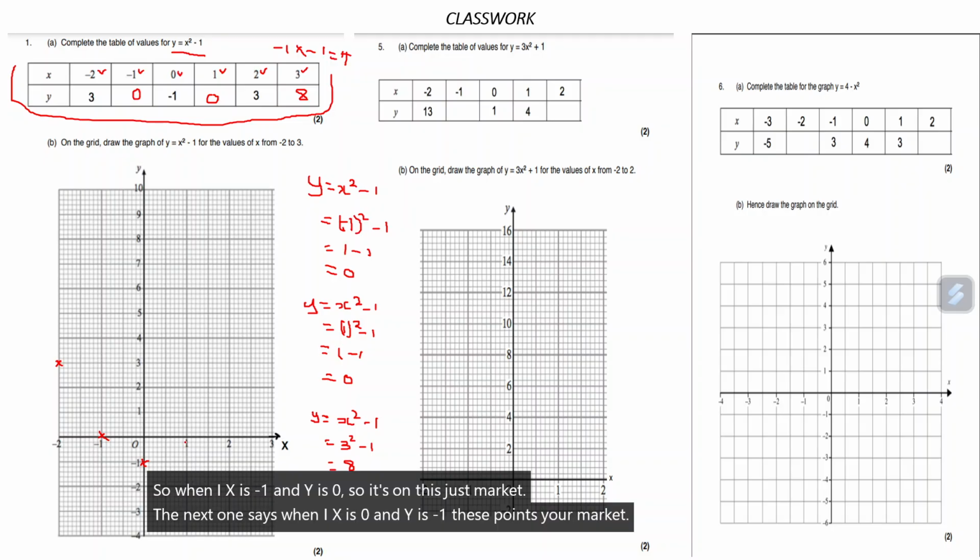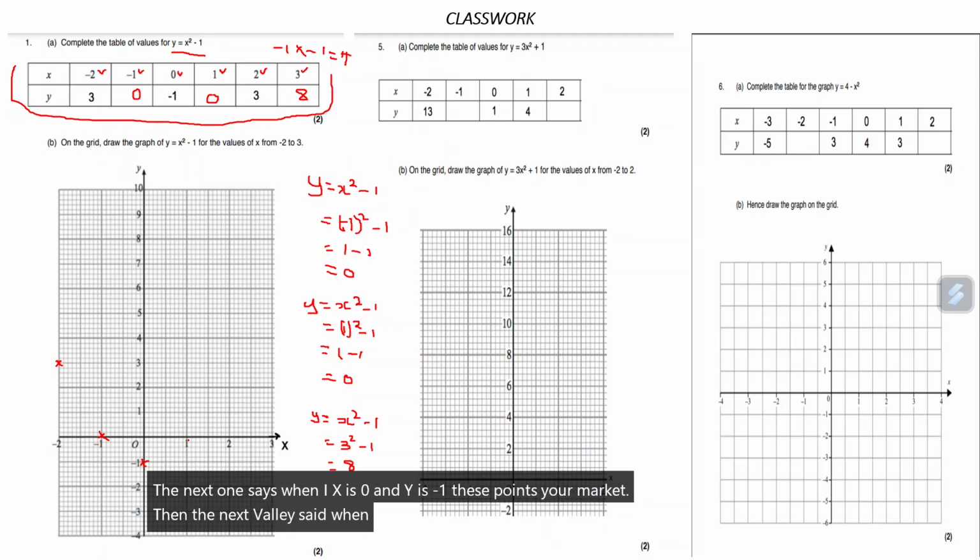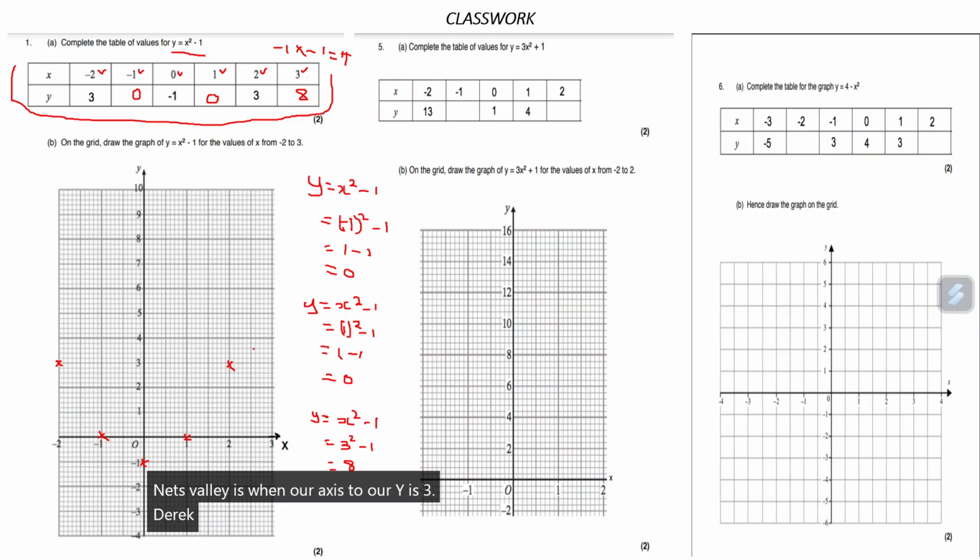Then the next value says when our x is 1, y is 0, so we mark here. Next value is when our x is 2 and y is 3. Mark here.